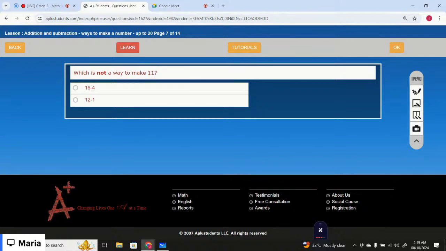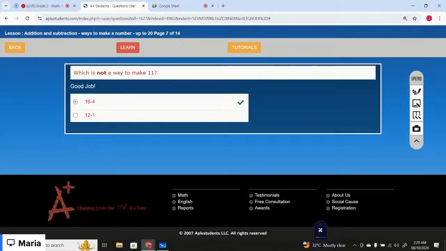Very good. That is 16 take away 4. That doesn't make 11, right?